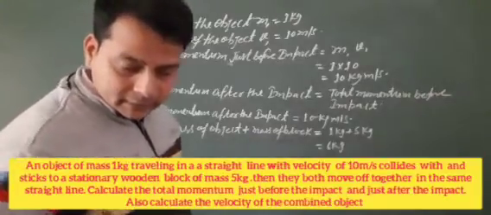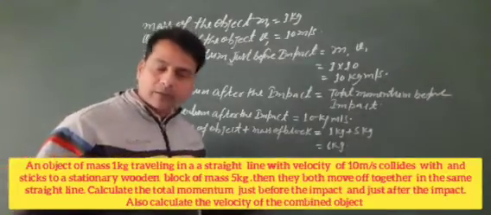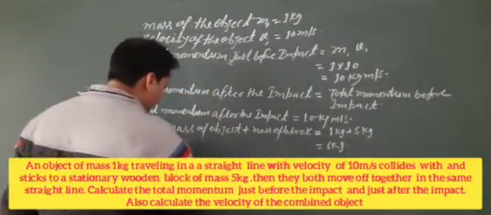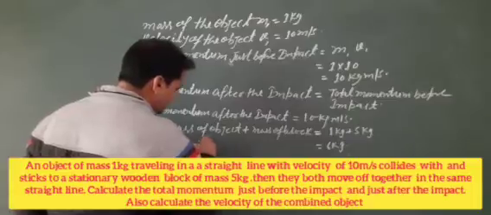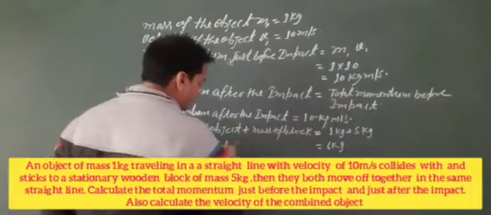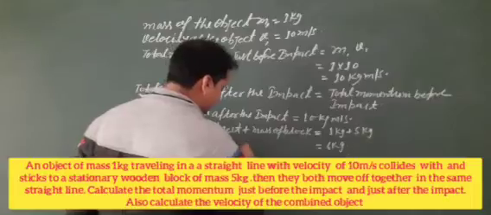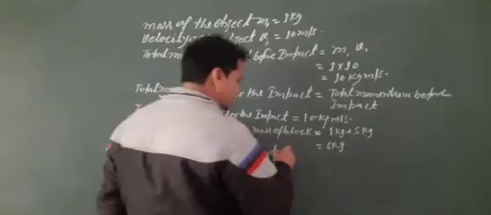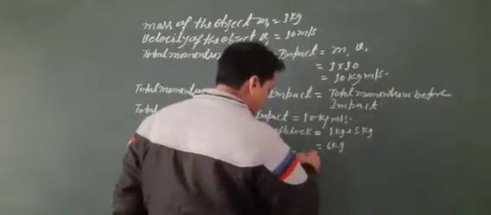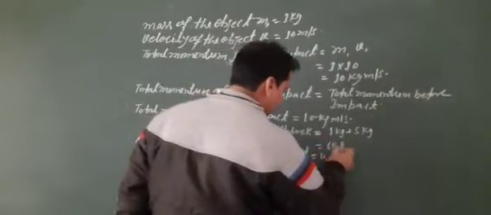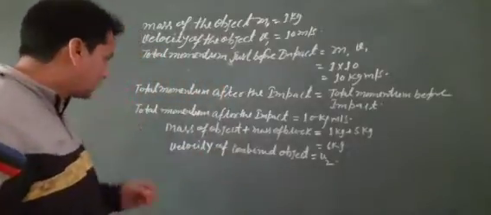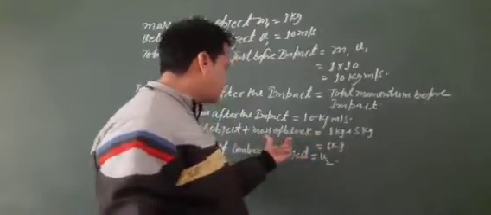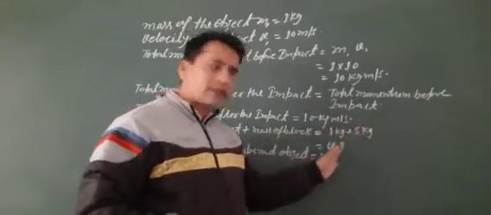Suppose the velocity of the combined object is v2. The mass of the object plus the mass of the block is 1 kg plus 5 kg, that is 6 kg.